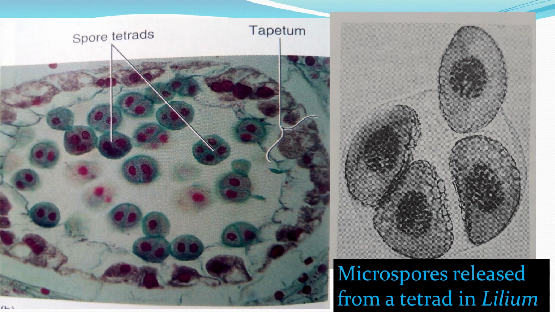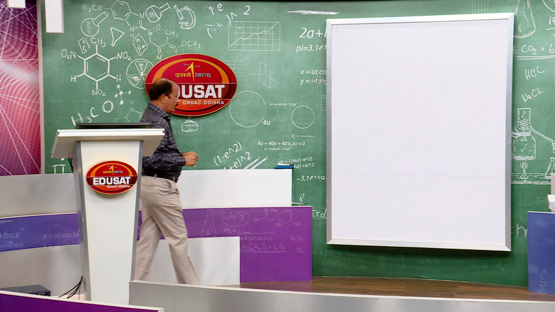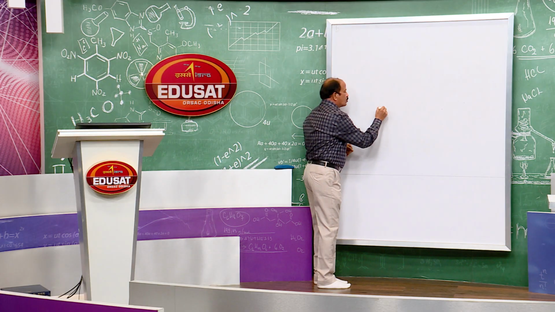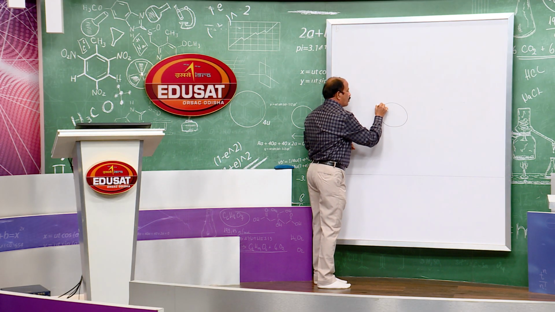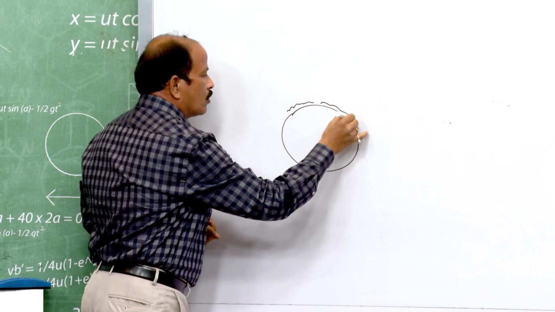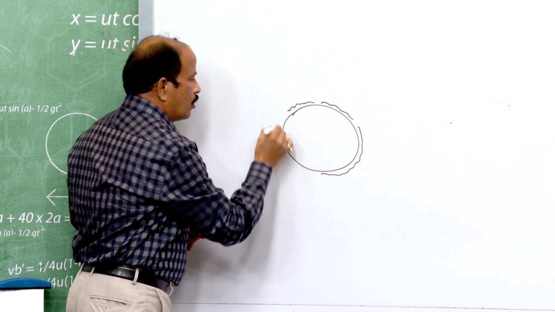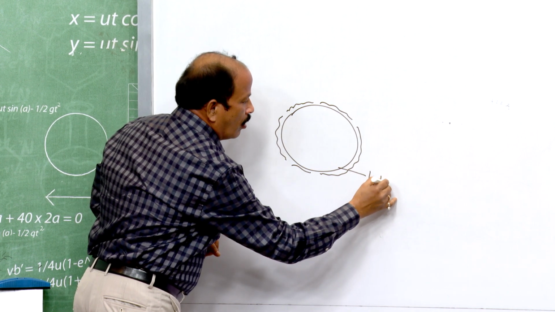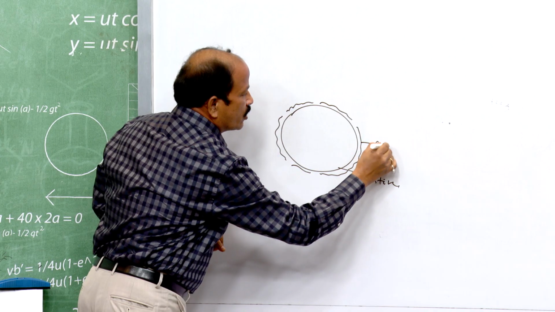The pollen develops a wall around it: the inner wall is the intine and the outer one is the exine. Now, what is seen exactly? The pollen grain, as it grows in size, develops a wall around it.